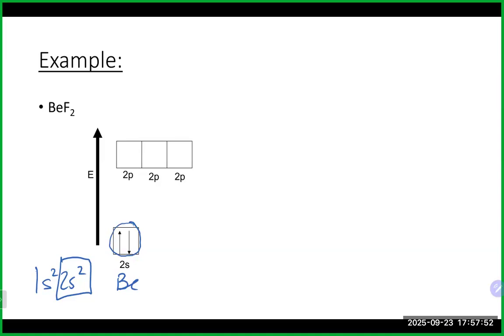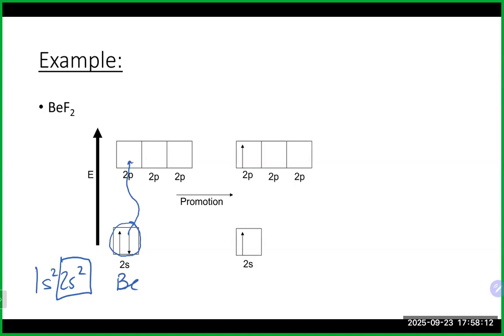In the process of hybridization, there's always 1 electron that goes from the lower energy level and gets pushed up to the higher energy level. So one of these electrons here is going to make its way up to this p orbital that's empty. The result is we will now have 1 electron in the p orbital up there and 1 electron in the s orbital.